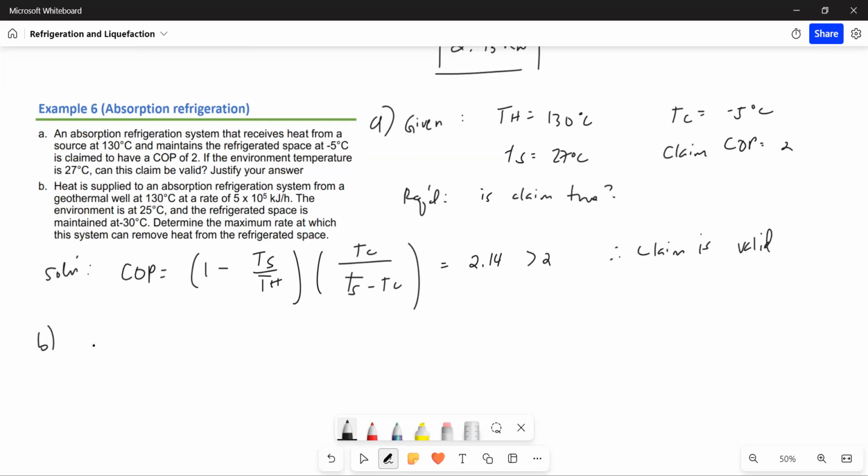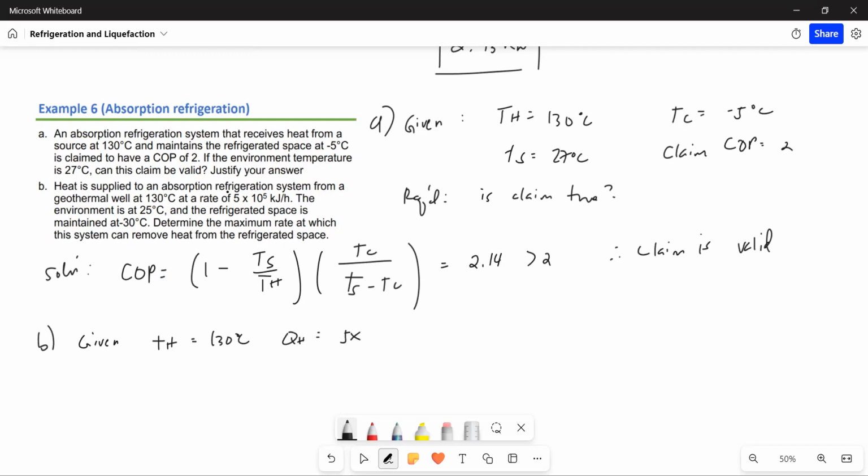Letter B, so we're given TH is equal to 130 degrees Celsius. QH is equal to 5, di ko ba nabasa?